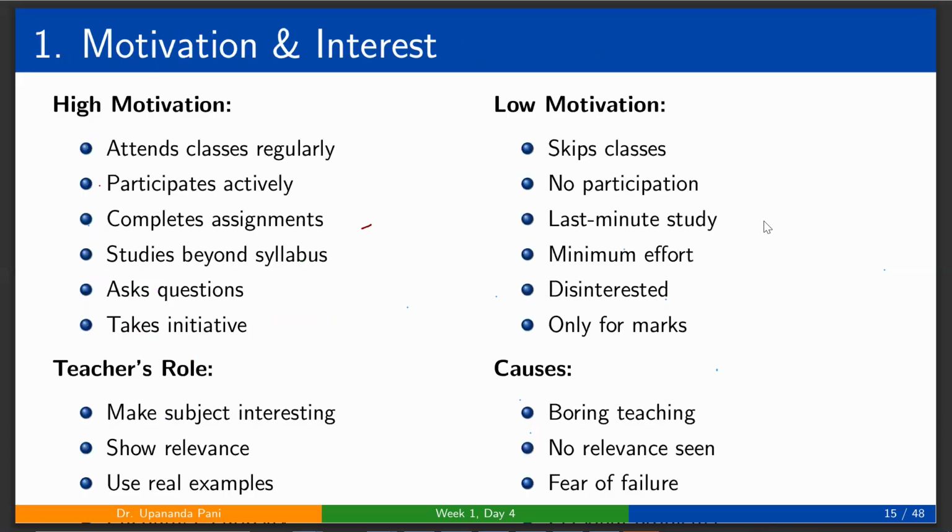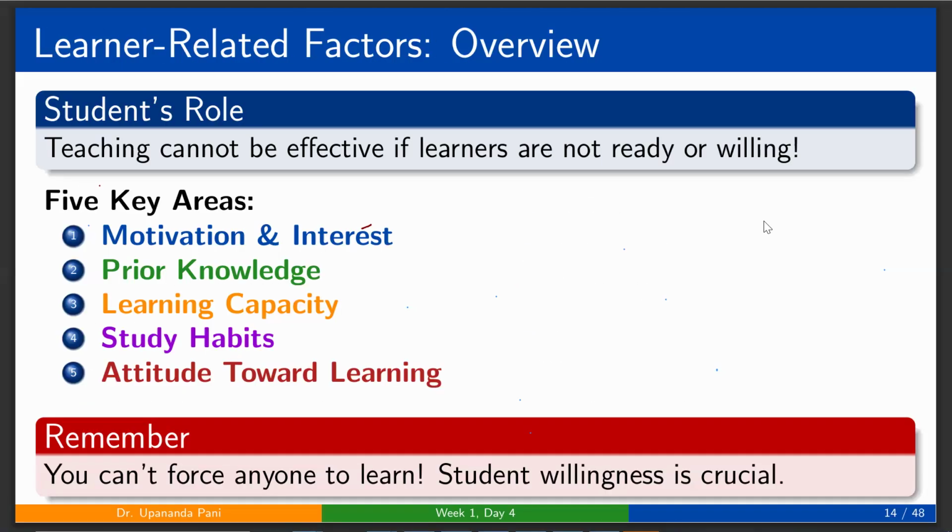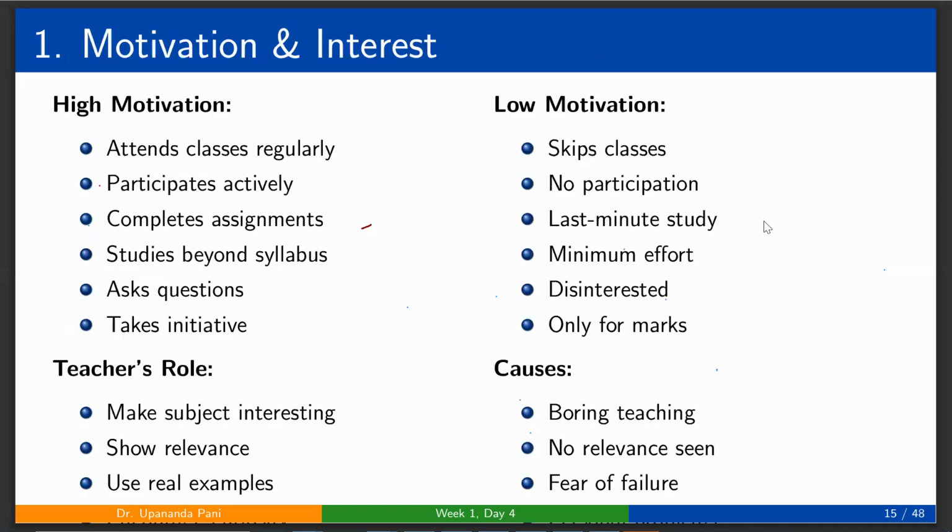Now first we will focus on motivation and interest. How can we analyze or track whether the student has motivation and interest or not? As a teacher we can identify that, right? So if a student has high motivation, how do we know?